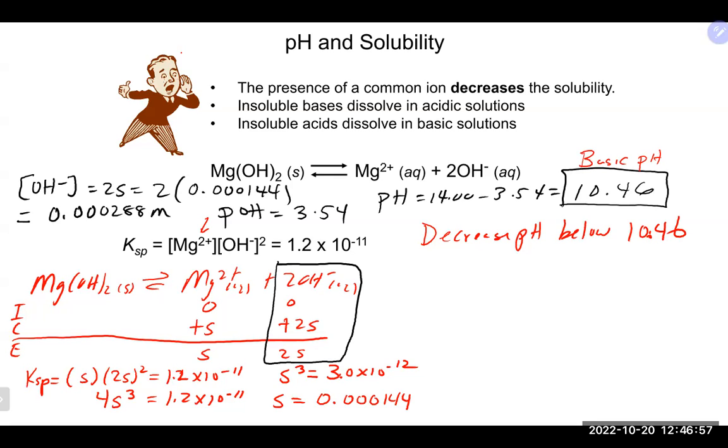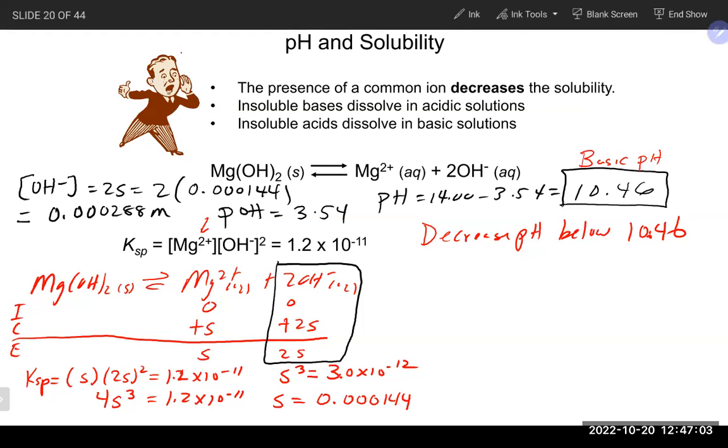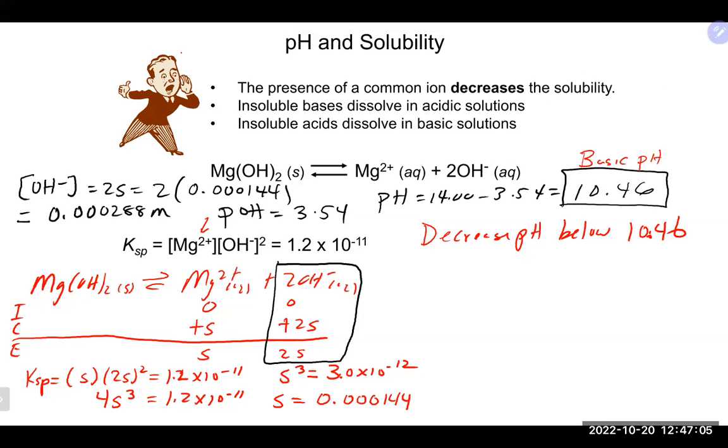Will solubility increase or decrease? Well, let's take a look at the equation here. In order for me to drop the pH below 10.46, would I have to add an acid or a base to do so? It has to be an acid, right?